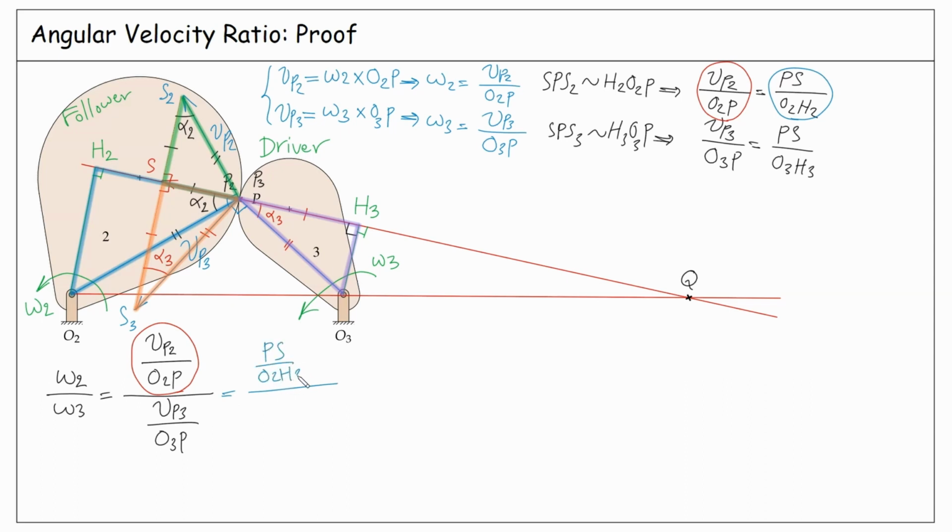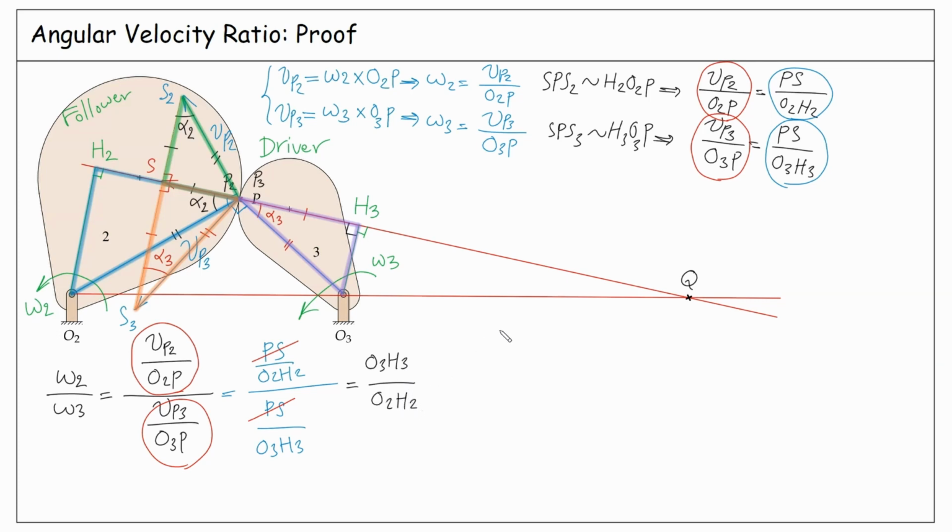And in place of this term, which is the same as this one, we can use this guy, PS over O3H3. Then, if we cancel PS with PS, we have O3H3 over O2H2.